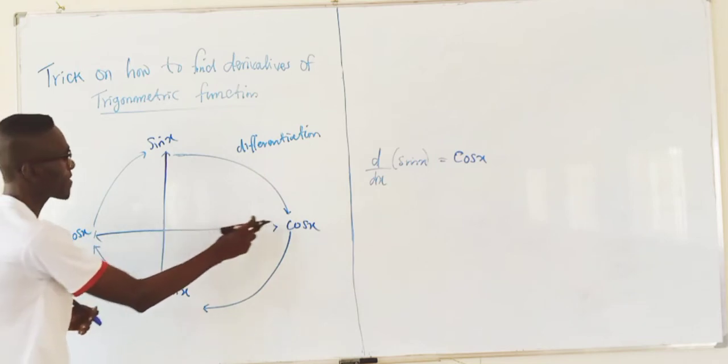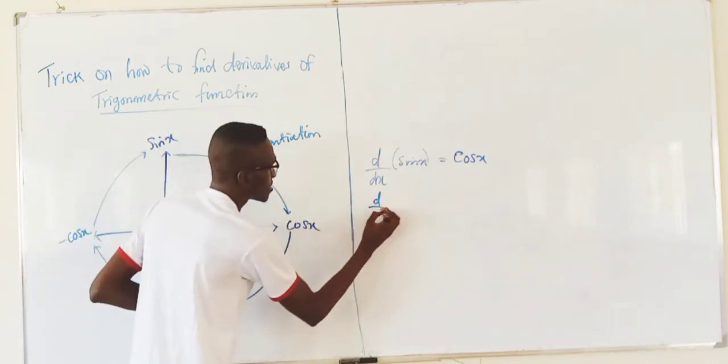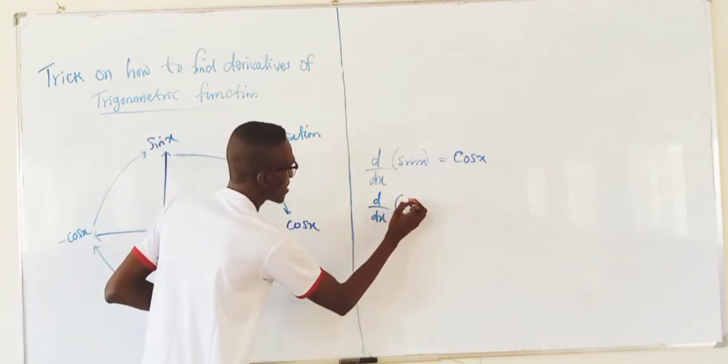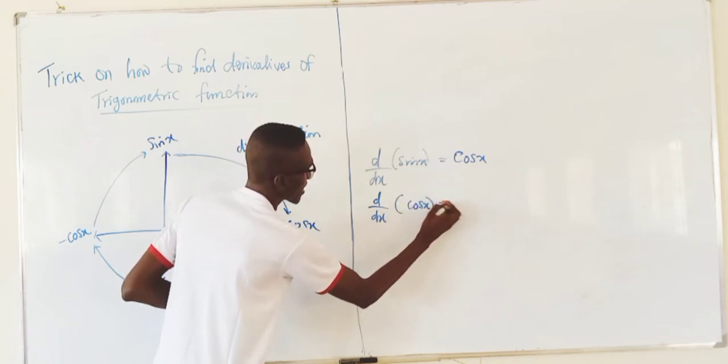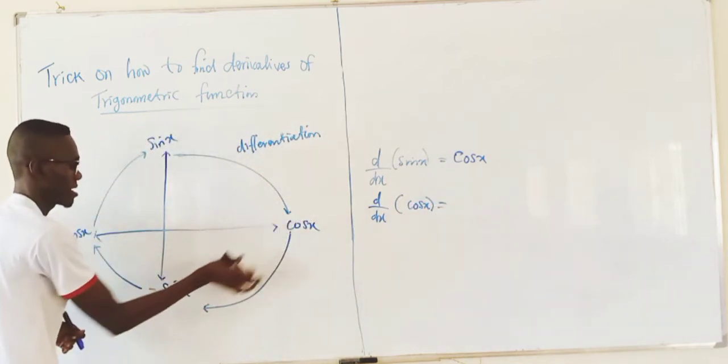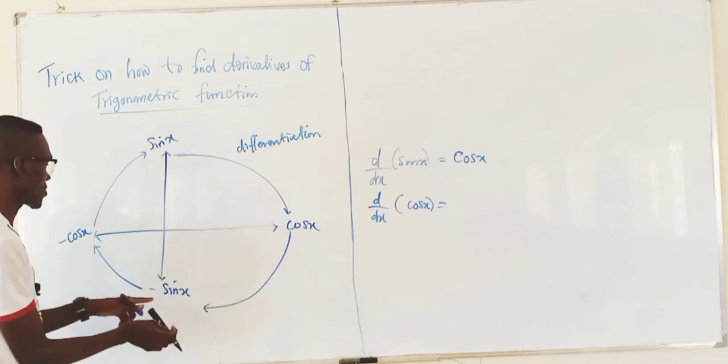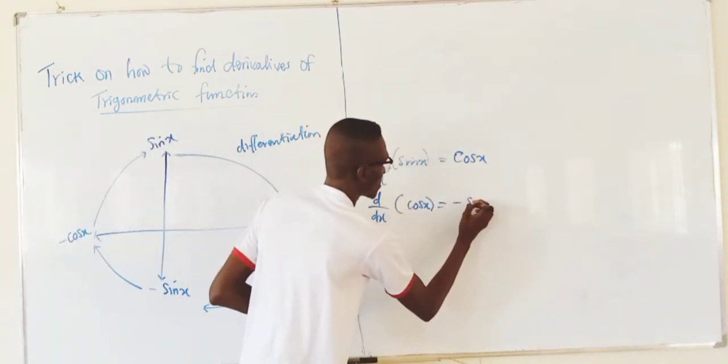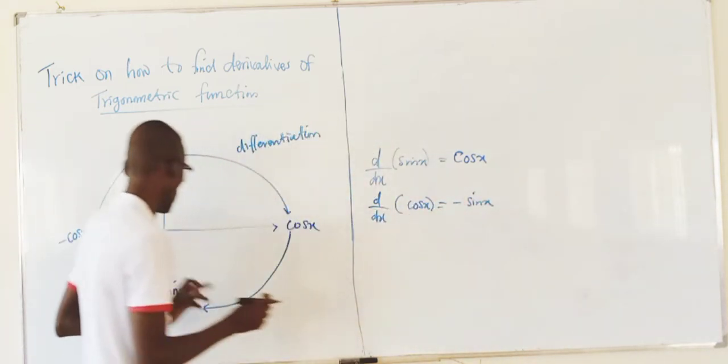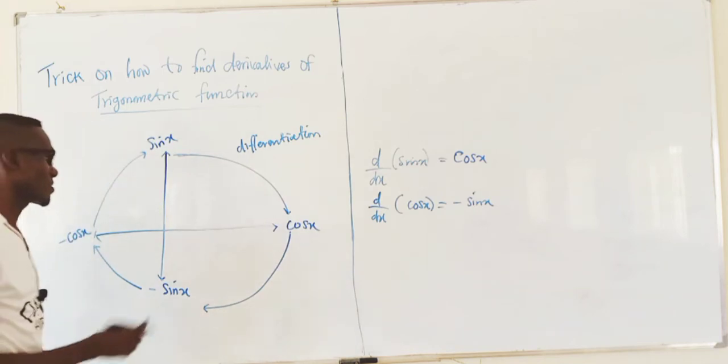Cos x. Then let's assume it's now the derivative of cos x. You just come straight to cos x and pick this, right? Which is what? Minus sine x. How about if you are told to find the derivative of minus sine x?